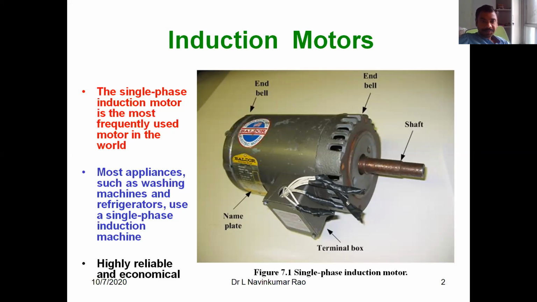Single phase induction motors are highly reliable and economical also. Why do we say economical? If you go for DC motors, efficiency is very low, around 60-70%. Induction motor efficiency is 80%. Therefore, we are replacing DC machines by induction motors. We can't afford the maintenance of DC machines. DC machines are costly.